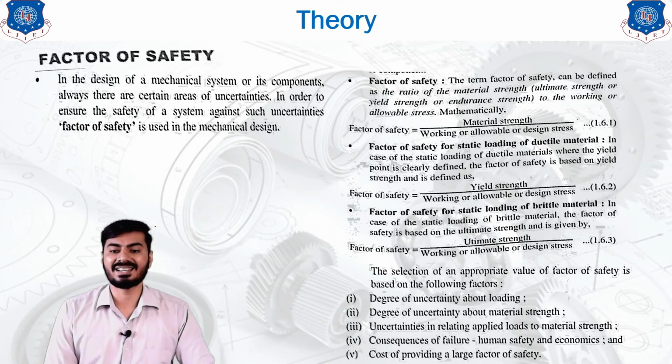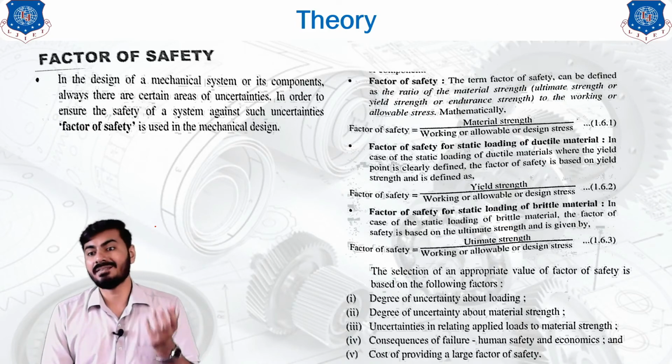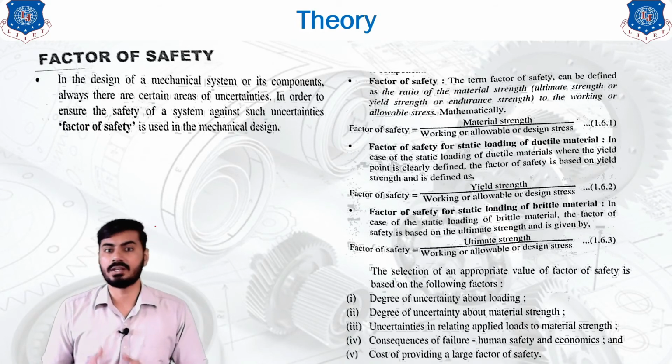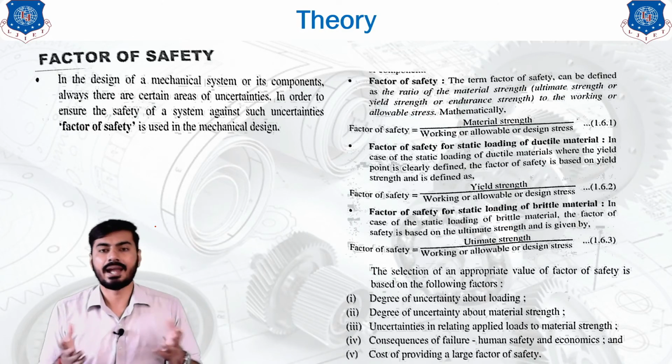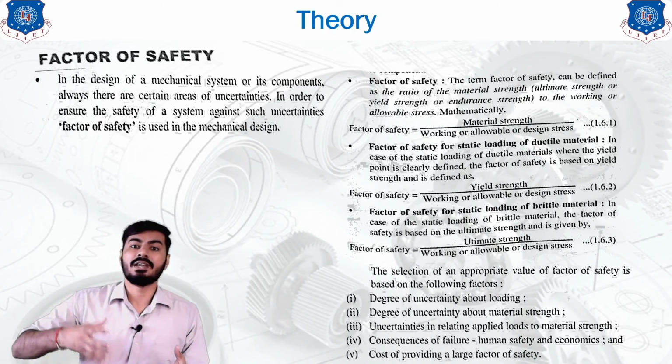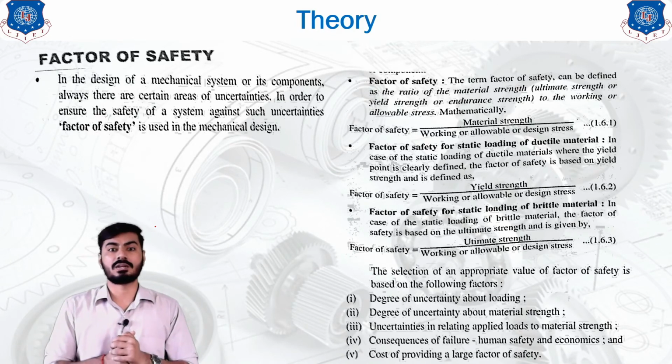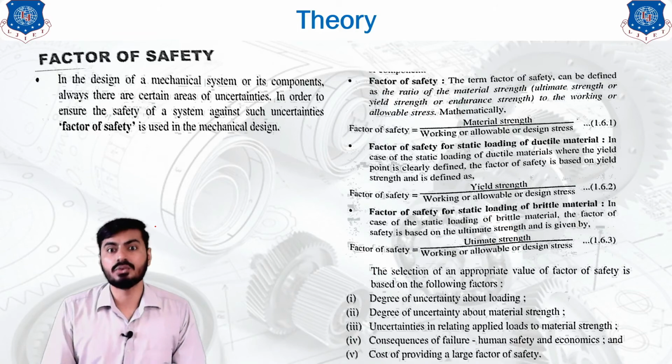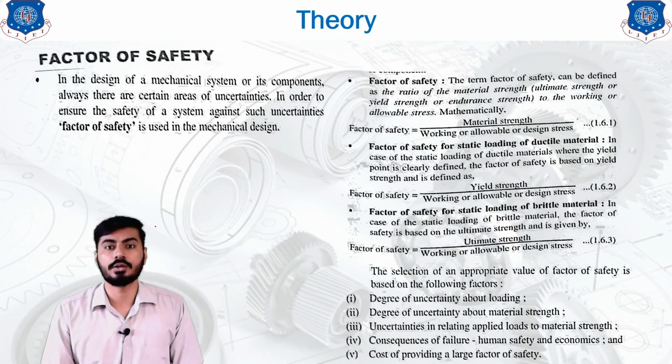Cost of providing a large factor of safety. Whenever you provide a large factor of safety, the cost of the machine will definitely increase, and if it is worthy, then it's okay, but if it is increasing the cost unnecessarily, then you will have to reduce the factor of safety in order to cut the price.